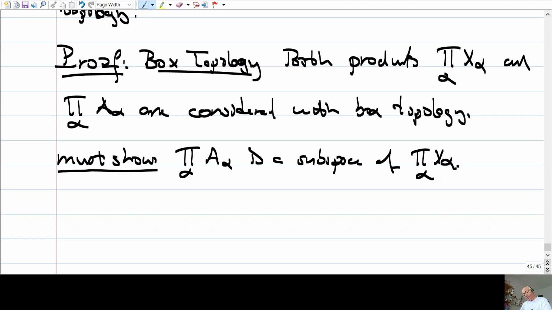I guess it is easy to work with basis elements. Subspace.